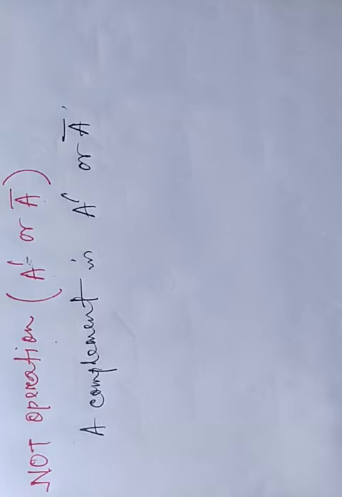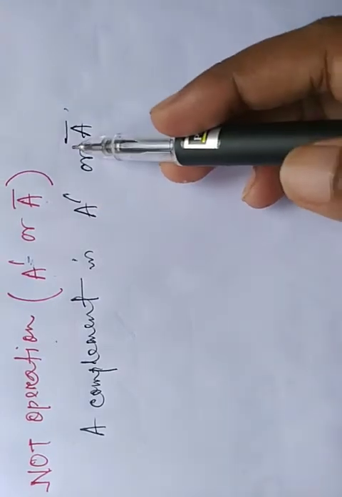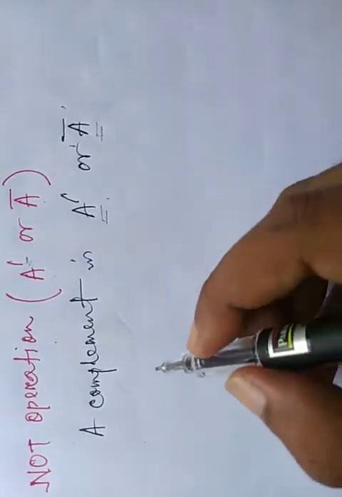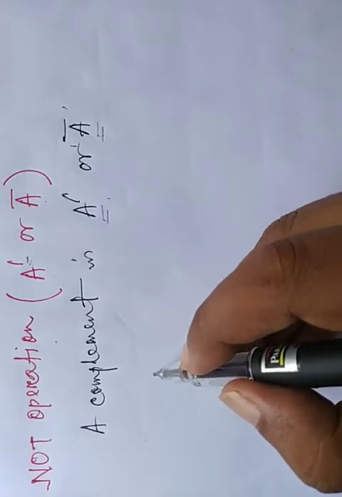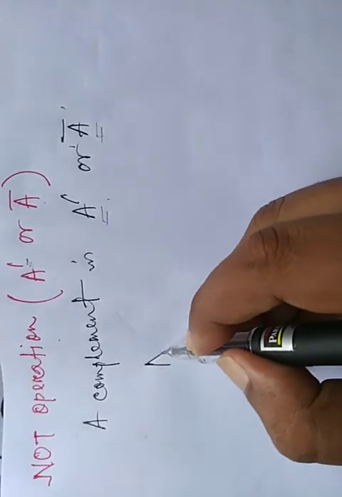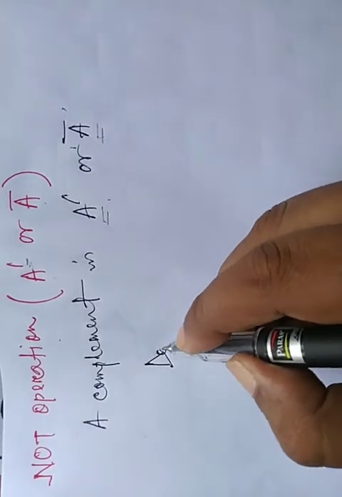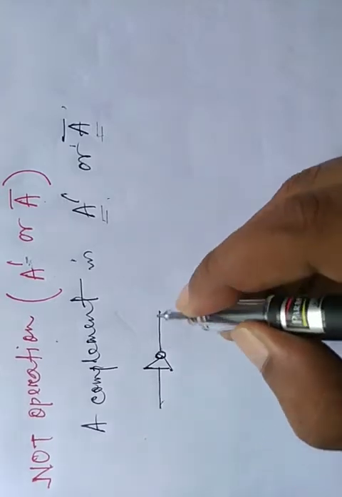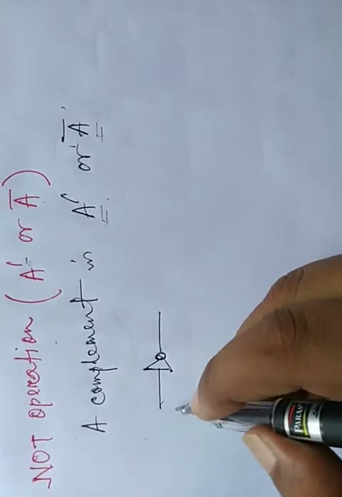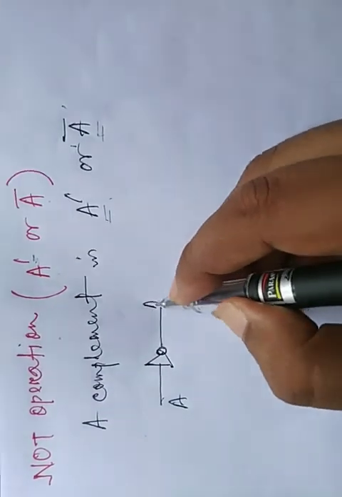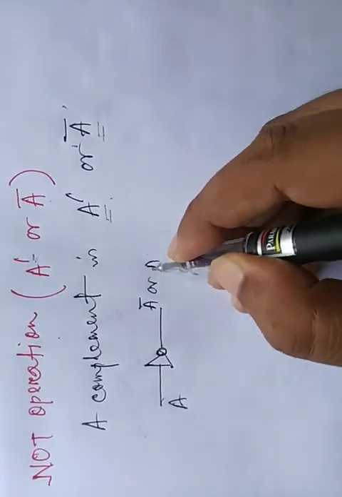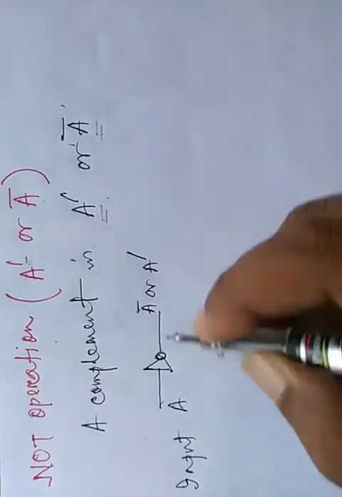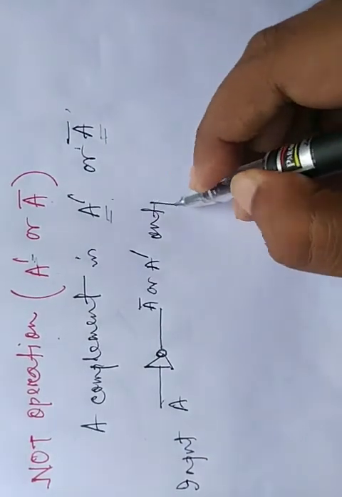Without saying not A, we can say complement of A. The logic symbol of NOT operation is a triangle with a circle at the front, with one input signal and one output signal. The input is A, and the output is A bar or A complement.